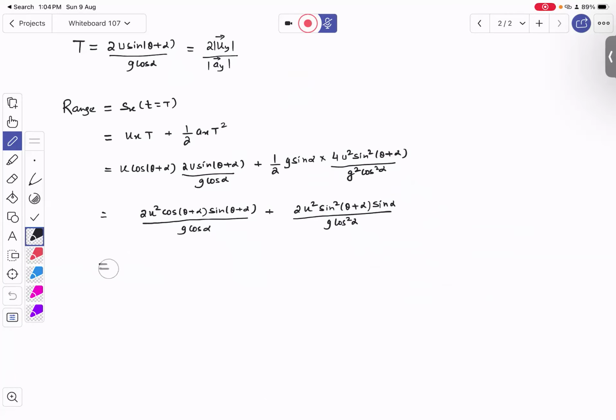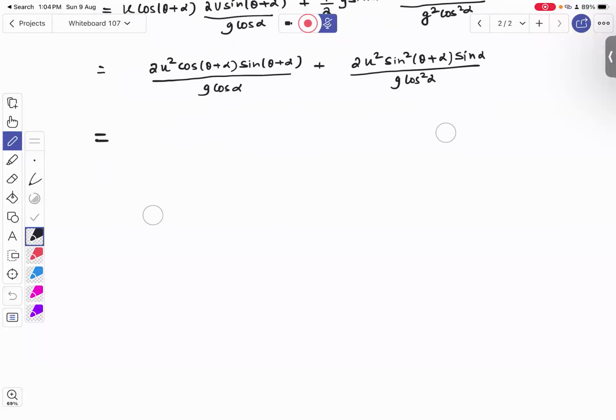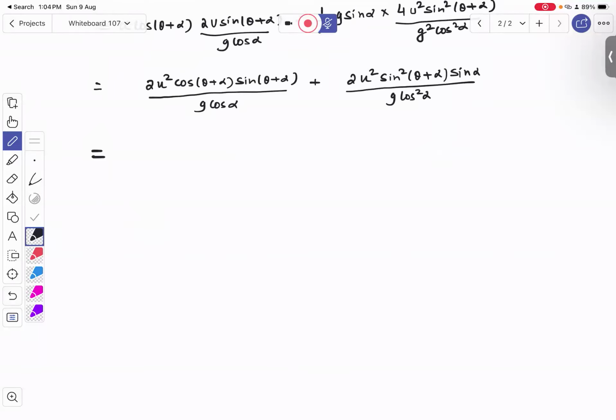So see, what I'm going to do next is take common 2u square sine theta plus alpha divided by g cos square alpha. Check if it is correct or not.